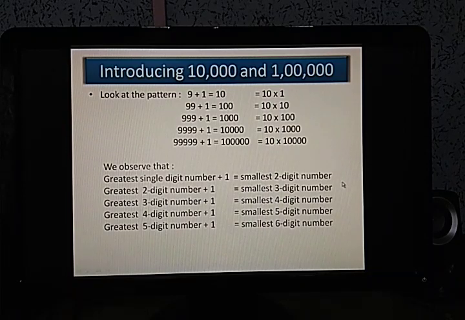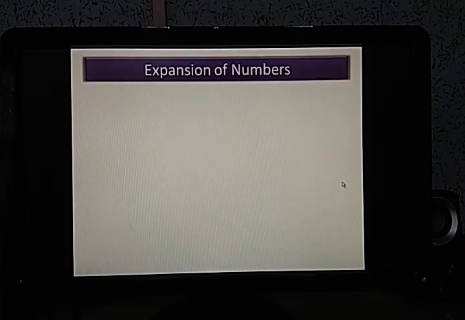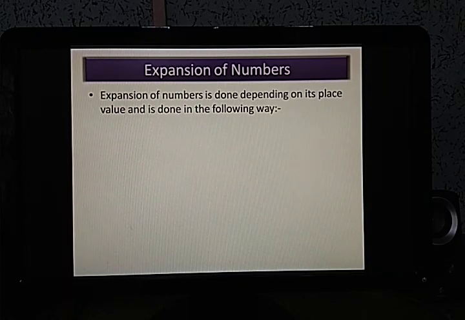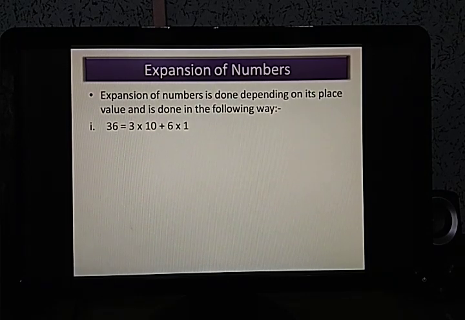Now moving on, expansion of numbers. How do we expand the numbers? Expansion of numbers is done depending on its place value, and it is done in the following way. So place value is a very important term in all these concepts. So let us see how we expand the numbers. Say 36.